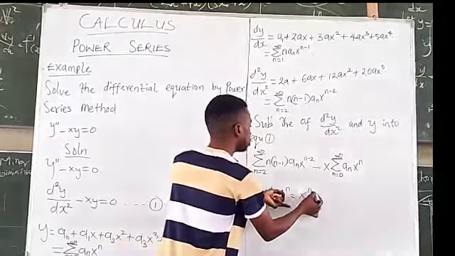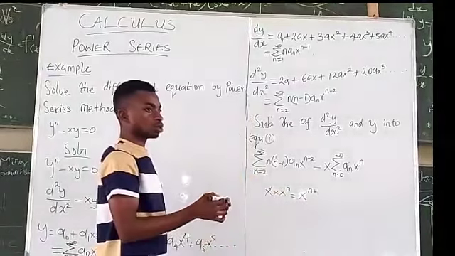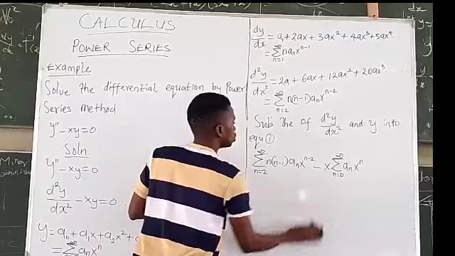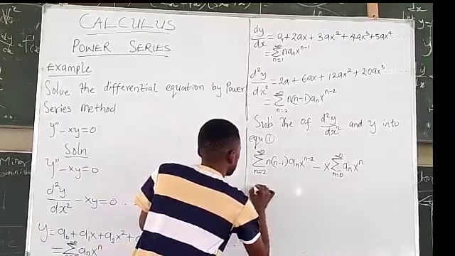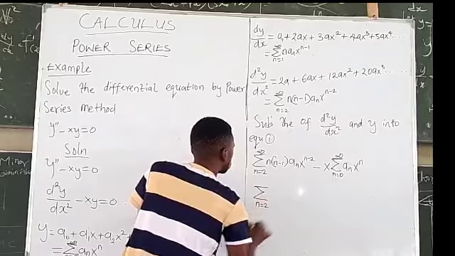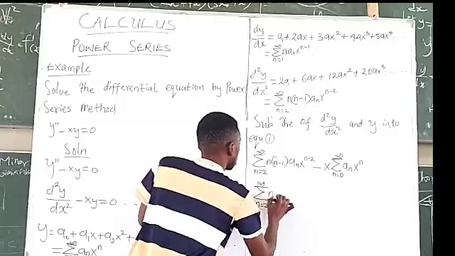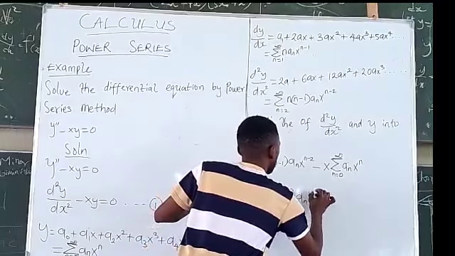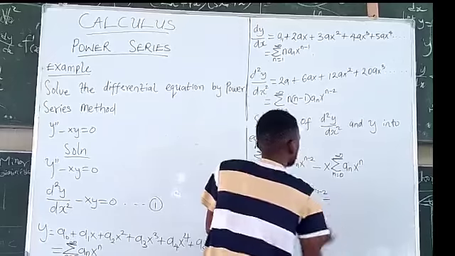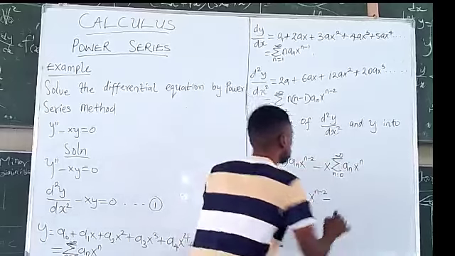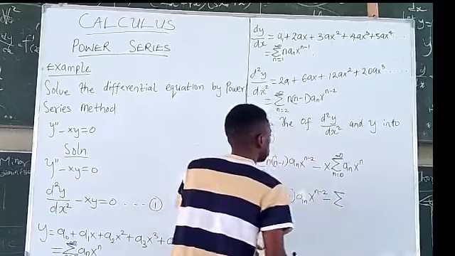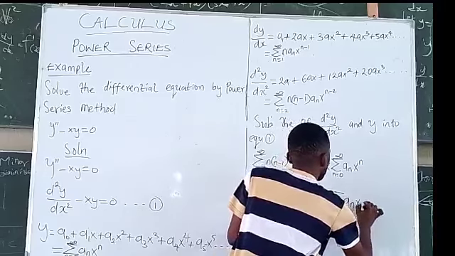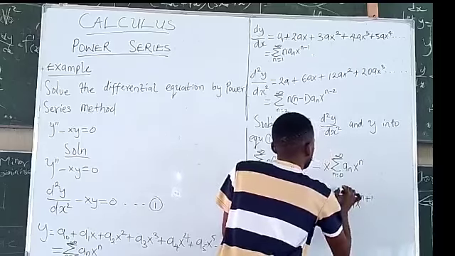So from our indices, this part will be written as the summation of n(n-1) a_n x^(n-2), minus, now since we have multiplied this, the summation, n approaches 0 to infinity, of a_n x^(n+1).